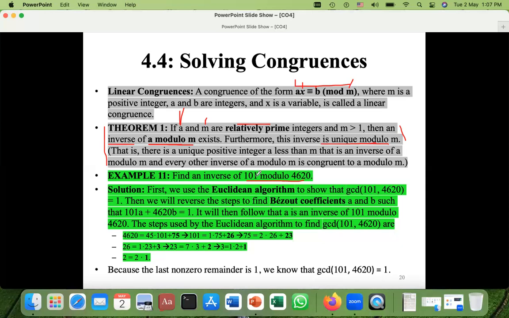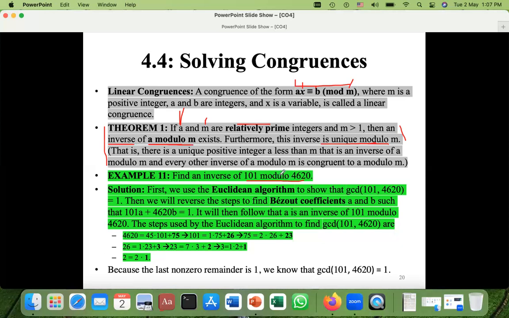Now you can solve this problem. First, you have to see whether they are relatively prime. For relatively prime, you have to judge that their GCD is equal to 1. If that is the case, then they are relatively prime.